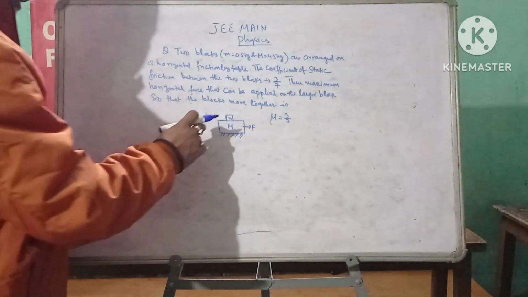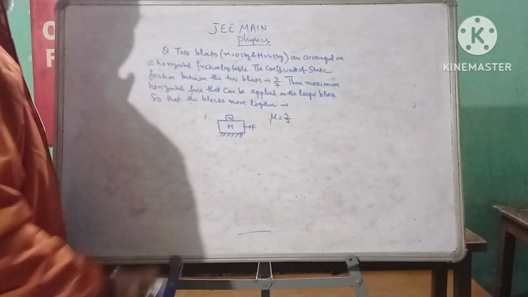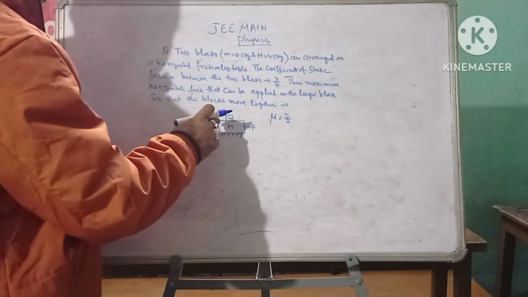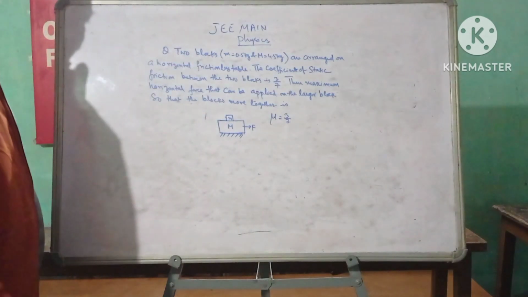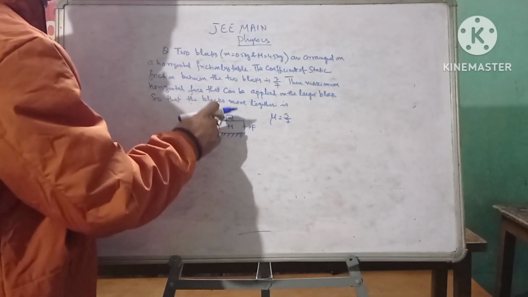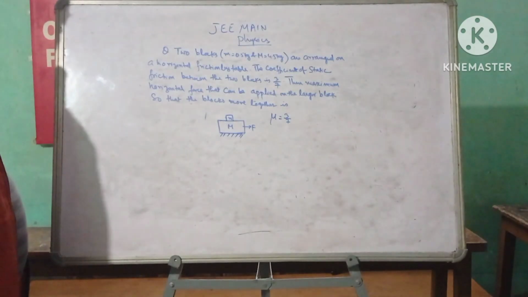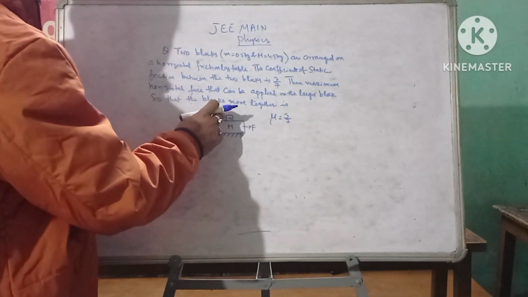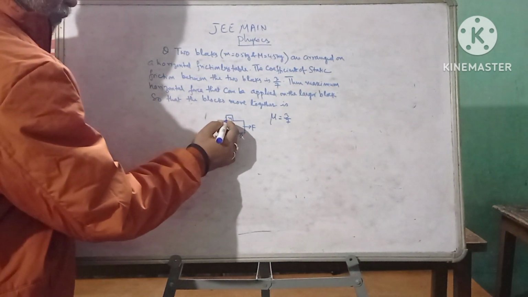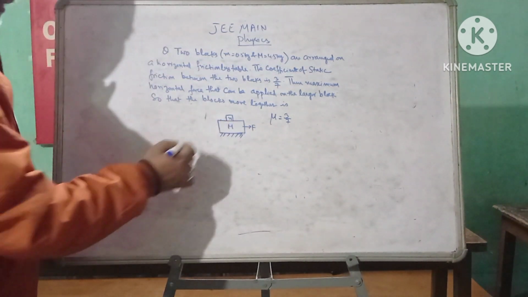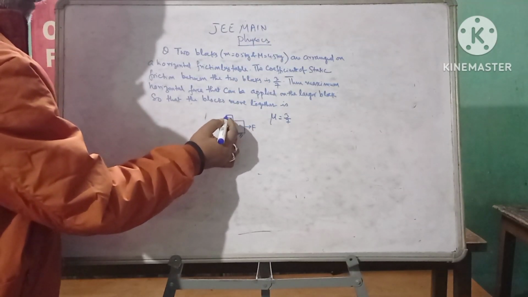But here, if this frictional force acts in this direction, there will be a net difference in the force, and because of this, this block will move in this direction. So this block must remain together with this bigger block. So if you give the frictional force in this direction, what will happen? This smaller block will start moving in this direction.